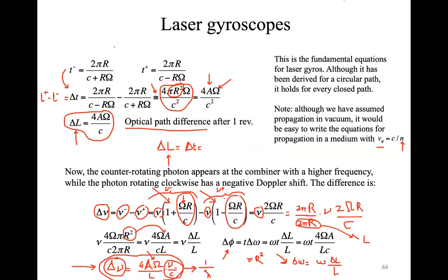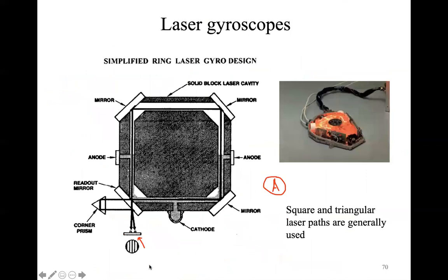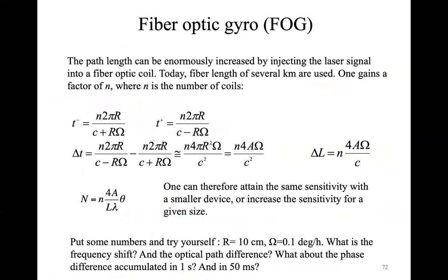The big issue that we had is that if we want to increase the sensitivity of our measurements, we have to increase the area. The solution of the fiber optic gyroscopes is very easy, because it takes advantage of the fiber optic coil.